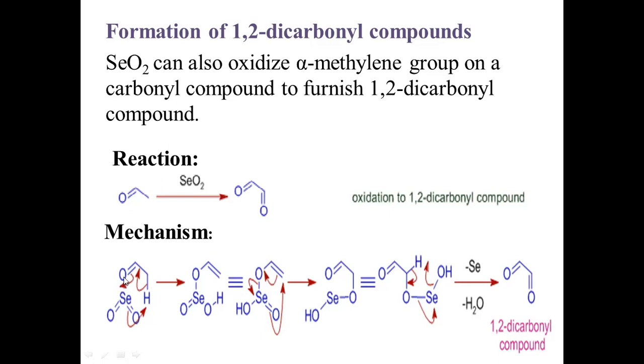So you will get an oxygen selenium single bond, and this double bond is converted into a single bond, and you will get a new double bond here, and the hydrogen is transferred onto the oxygen. Here you should have a selenium oxygen bond. It's missing. You will be having a selenium oxygen sigma bond. The double bond is converting into a single bond here.